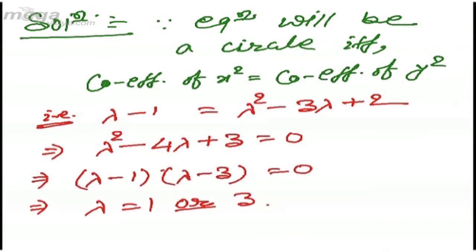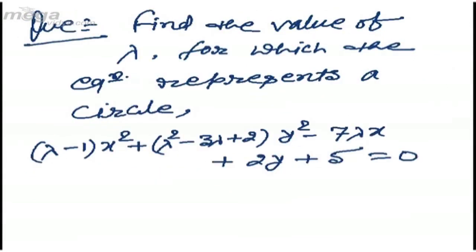Now we will check for the other value, that is for 3. See here, 3 minus 1, it will be 2. Now here 3 square is 9 minus 3 into 3 is 9, so 9 and 9 get cancelled, plus 2. So the whole value becomes 2y square.